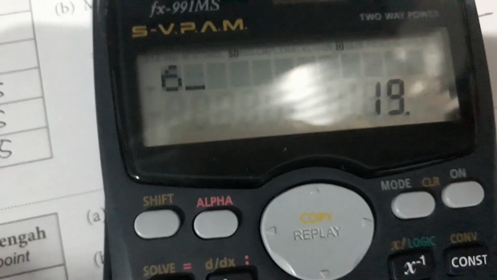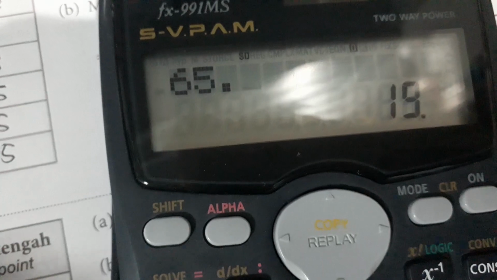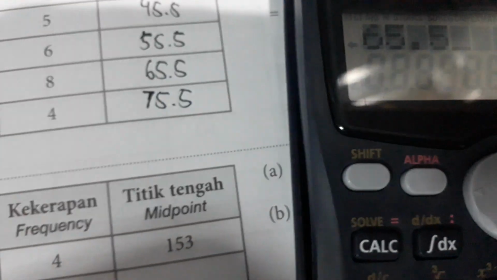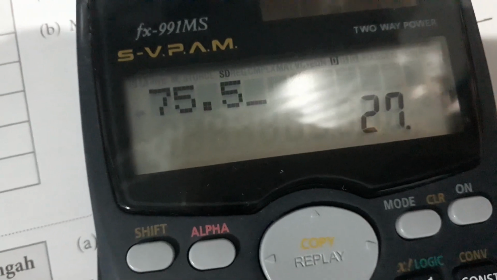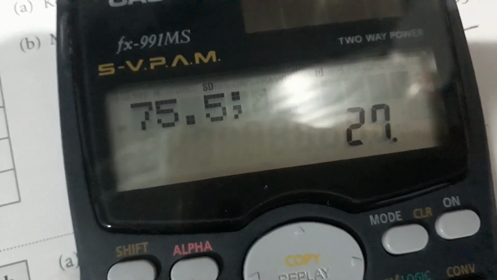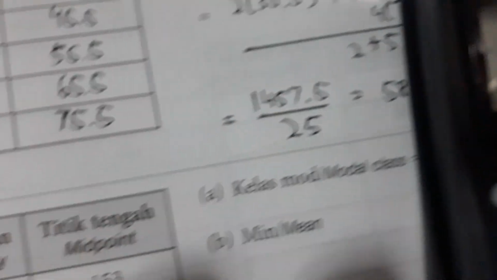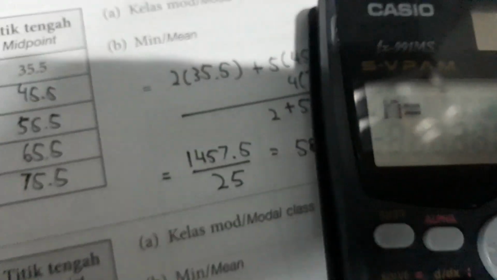So you edit 65.5, add it, plus got 27, and then it's 75.5. I get 4, then insert. Since I made a mistake earlier, it's supposed to be 25, but I got 31. It's okay, you can edit the information later.